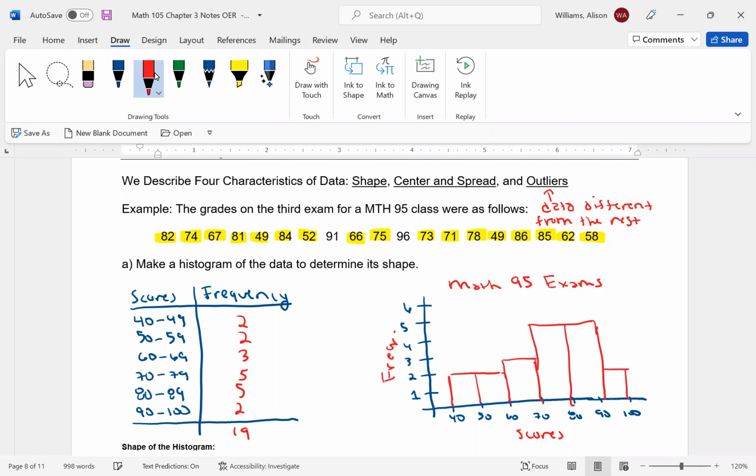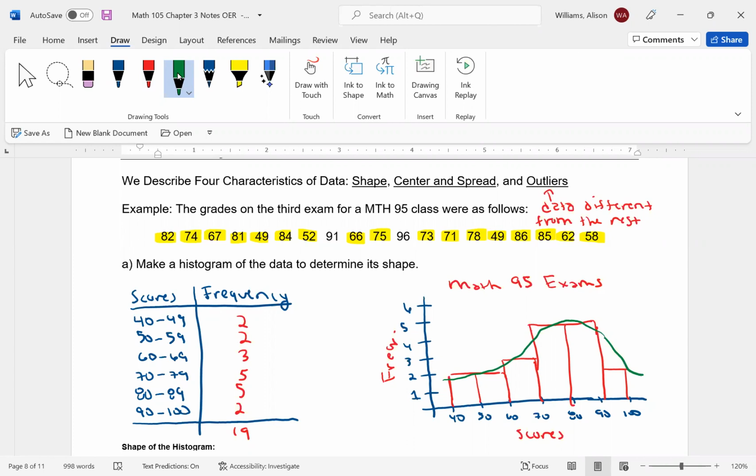And then I'm kind of trying to figure out the basic shape. So it looks like the majority of the class, right, scored from 70 to 90. So they got a C or a B. And what I'm kind of doing is I'm thinking of this shape almost as like a curve. That's kind of the basic idea.